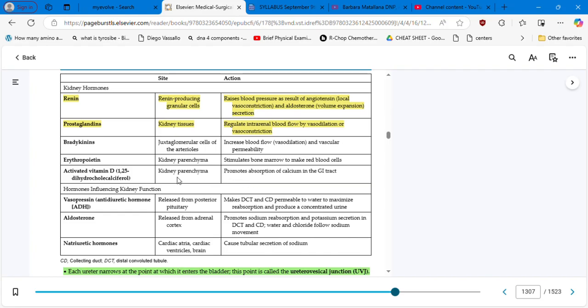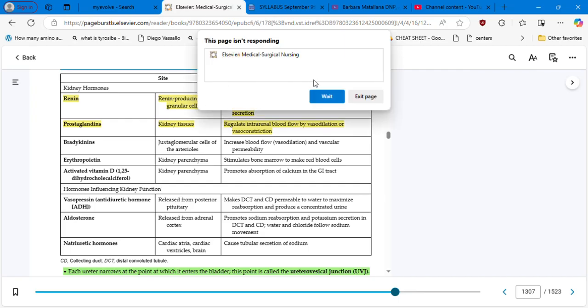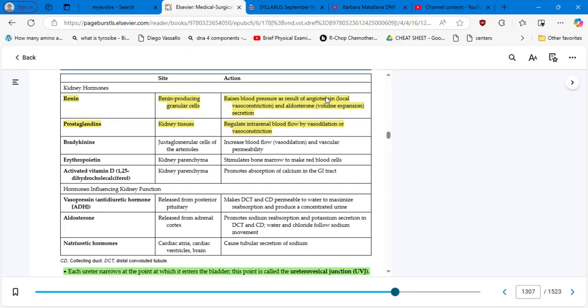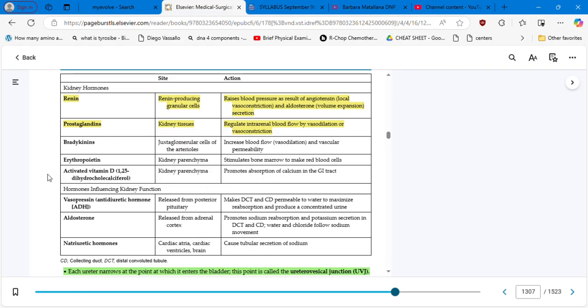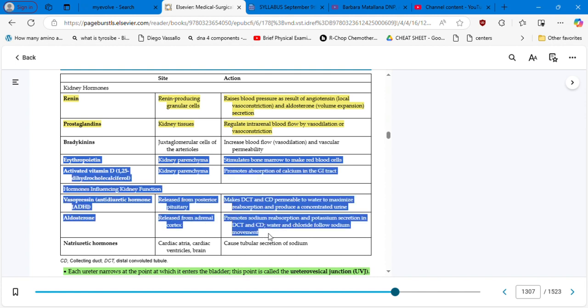Also aldosterone and vasopressin. Okay, those are the terms that I really want you to remember. So we are moving from erythropoietin all the way to aldosterone.